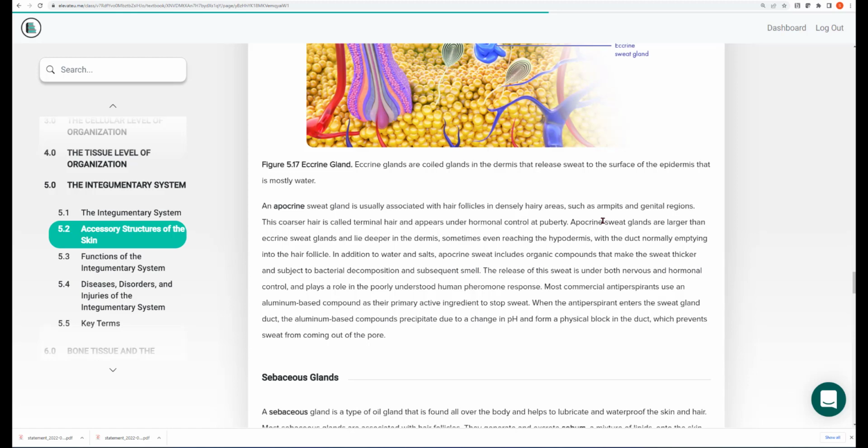And that's because now these apocrine sweat glands and that pubic hair and that genital hair is now formed. Most antiperspirants use active ingredients to stop the sweat. So antiperspirants stop the sweating. Deodorants simply cover up the smell, right? That's really what's going on here.